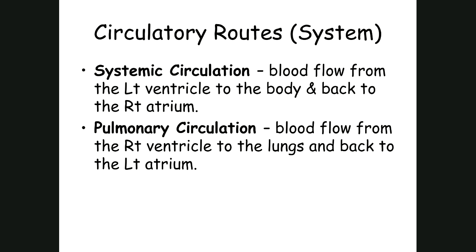Next, the circulation of the blood inside the heart is called the circulatory system. This circulatory system is of two types: one is systemic circulation and the other is pulmonary circulation.